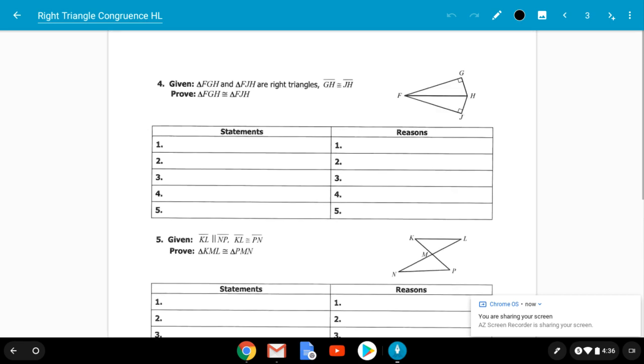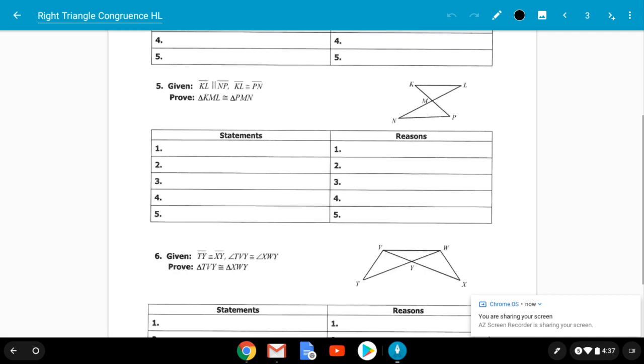So let's just look at these problems just quickly here. Number 4 gives a right triangle, and then some other information here. I look at the picture, I see something else I need. And yeah, don't forget, since it is a right triangle, HL is a possibility. Not necessarily what it has to be, but it's a possibility. Number 5.